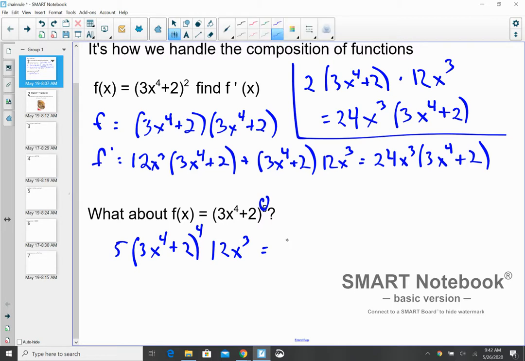Let's try that again. 60x to the third, and then 3x to the fourth plus 2 to the fourth power, like that. So then the question is, what the heck did I do?